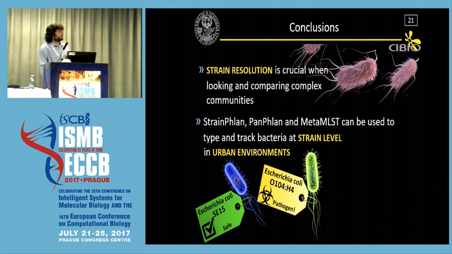We wanted to test if these tools work on this kind of more complex and probably less known data set, and I think we did. We achieved strain level resolution in urban microbiomes, specifically for bacteria, but we have some insights also onto micro-eukaryotes, which are very interesting as well.